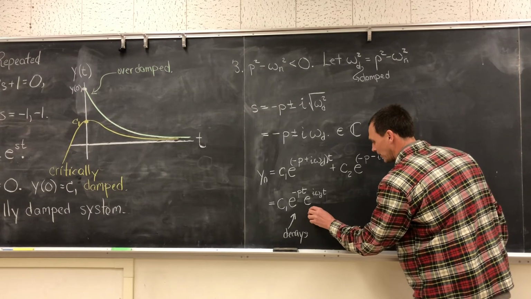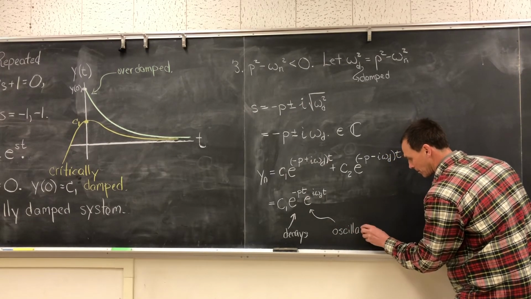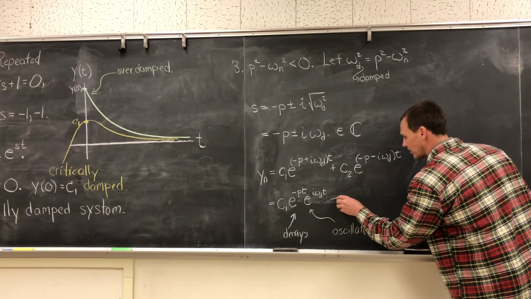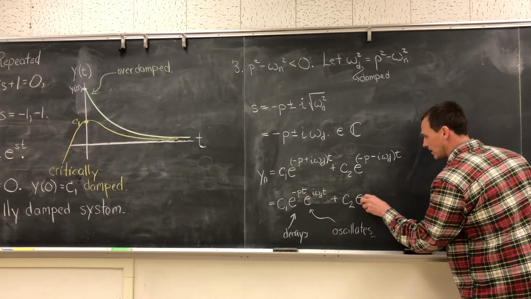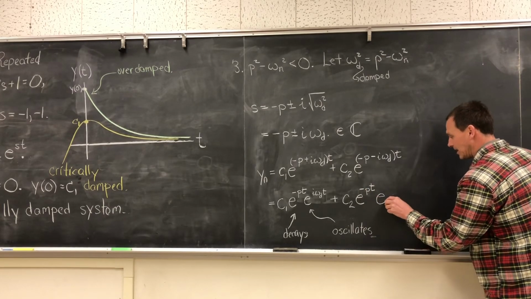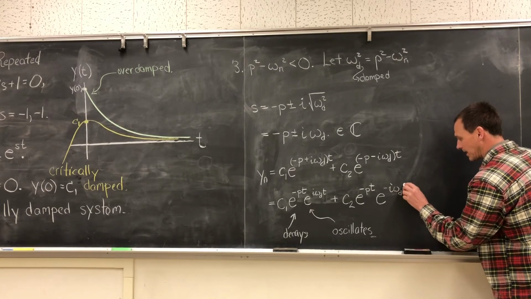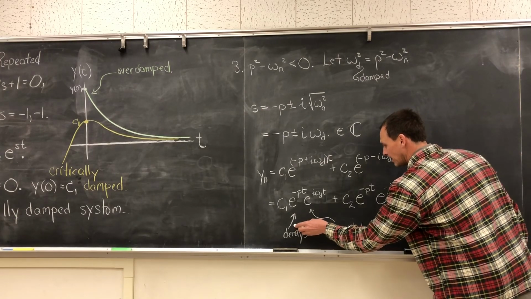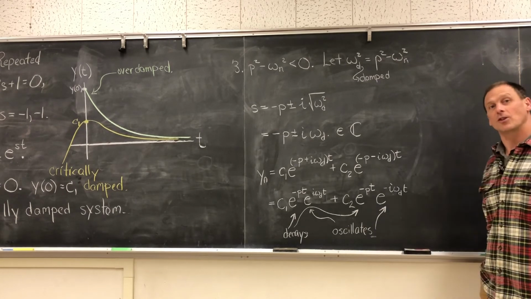This term oscillates by sines and cosines. Our next one is C2 e to the minus p t times e to the minus i omega d t. And again, here's our oscillating term, and here's our decaying term.